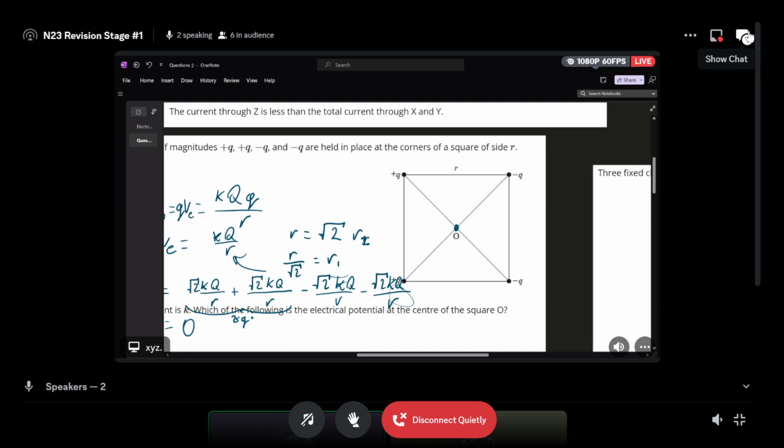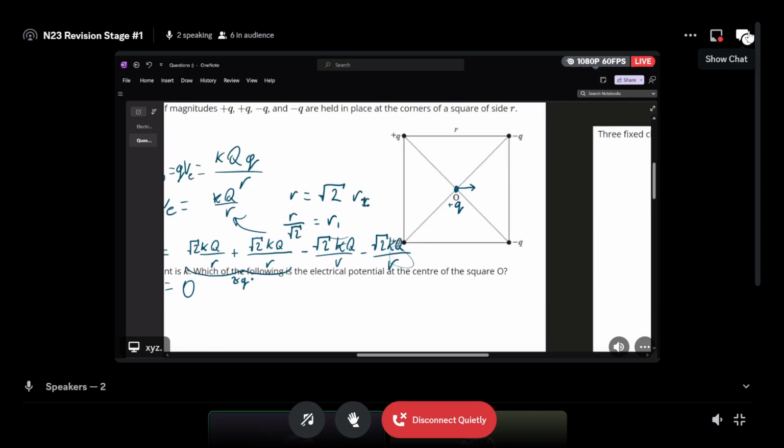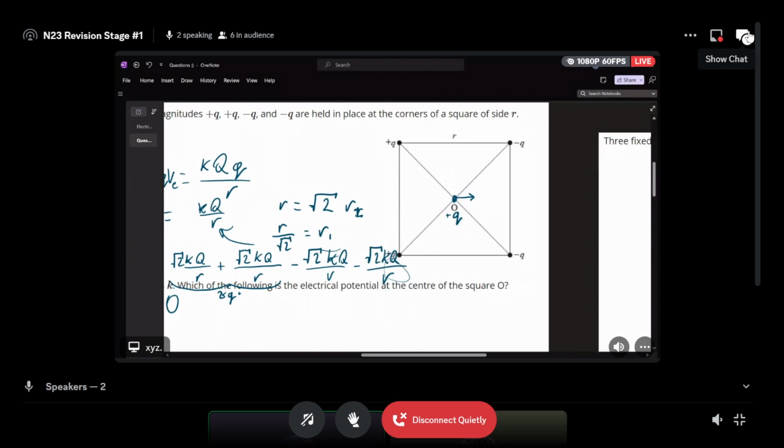That wouldn't work here because whatever force you experience will depend on the charge you have. So say you have a positive charge, you will be experiencing a force going this way. And if you have a negative charge, you will be experiencing an opposing force.